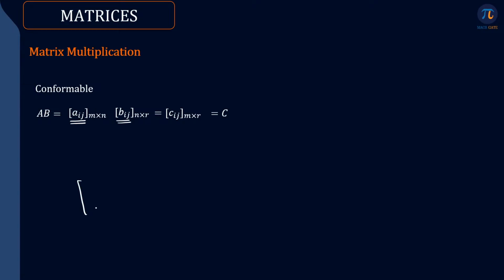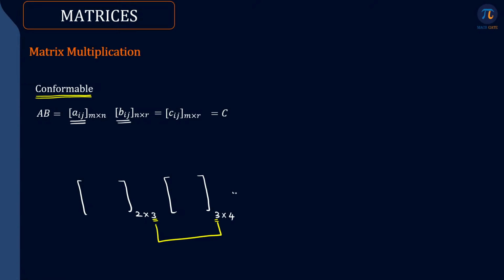For example, you may have a 2 by 3 matrix and another, say, 3 by 4 matrix. You can multiply these two matrices only when the number of columns of the first matrix is equal to the number of rows of the second matrix. Then only we can multiply them. If you can multiply them, we say that the matrices are conformable for multiplication.